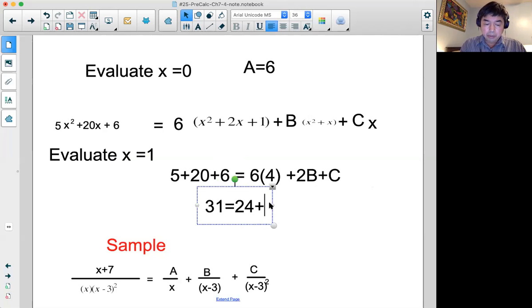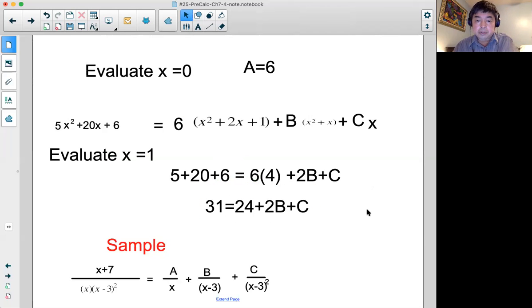So sorry, didn't cancel out. But let me see, 2b plus c. Okay, so what we can do here, maybe it didn't cancel out, so forget this method.